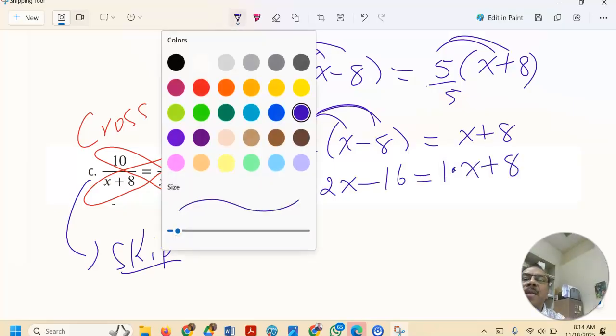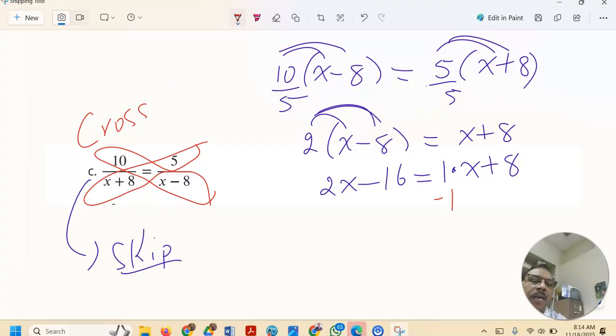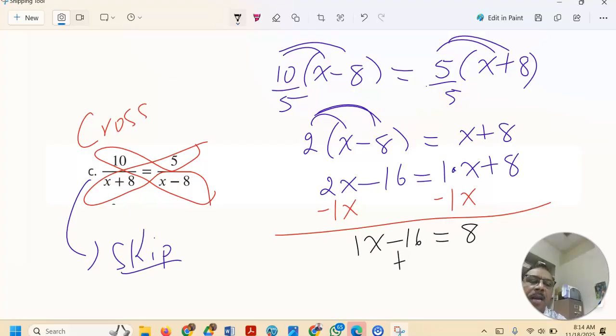So subtracting 1x on this side and this side, you get 1x minus 16 is 8. And adding 16 to both sides, we get x equals 24.